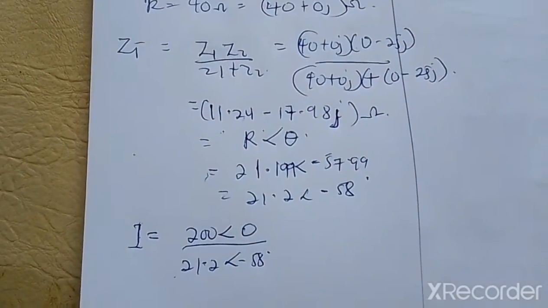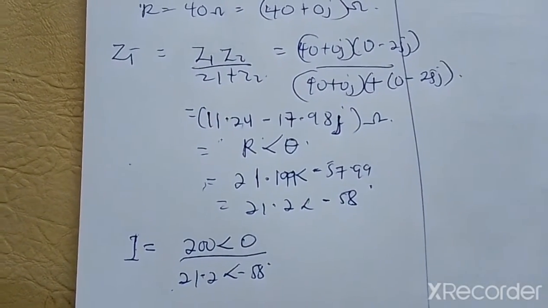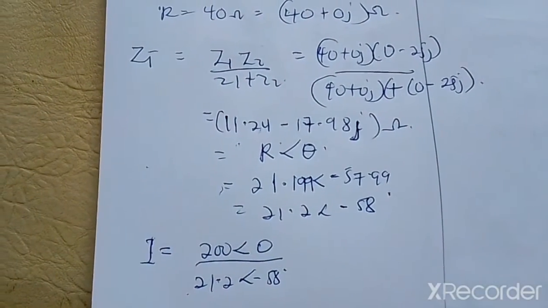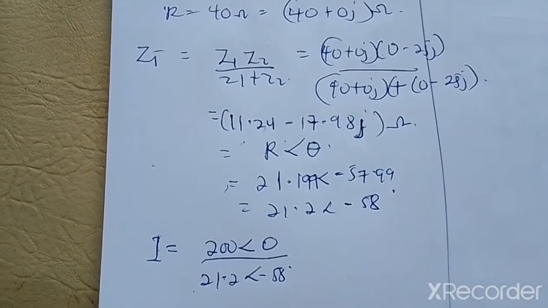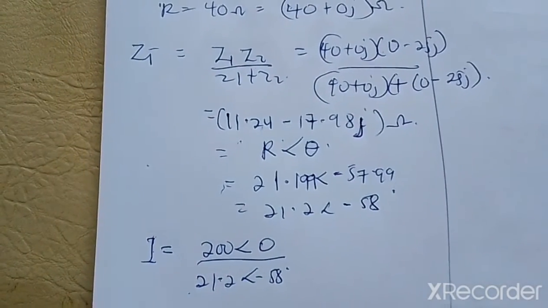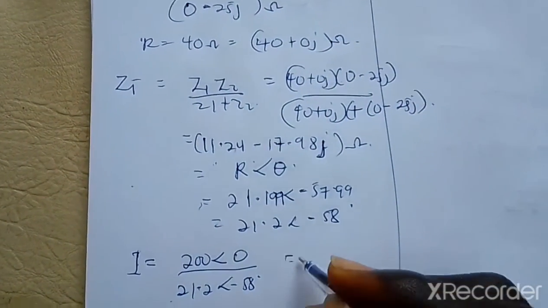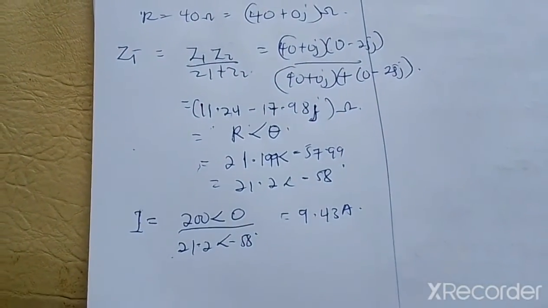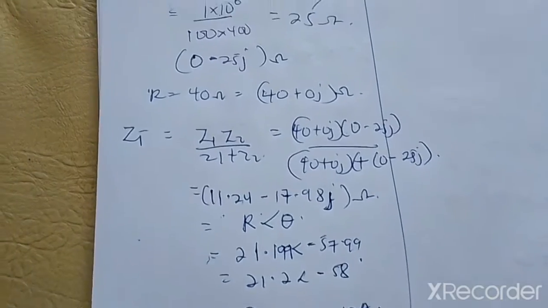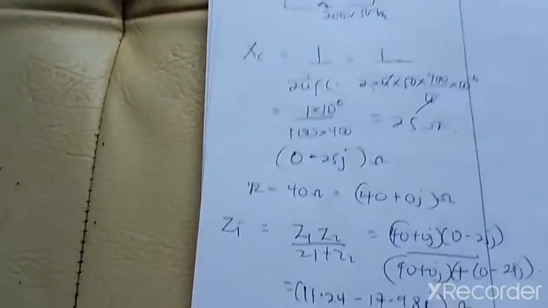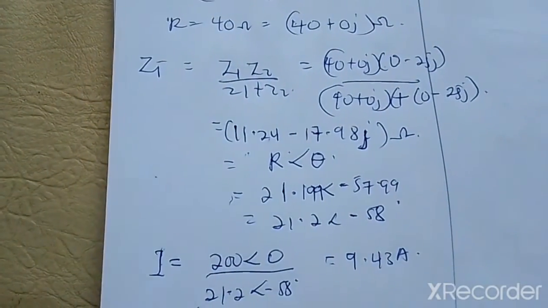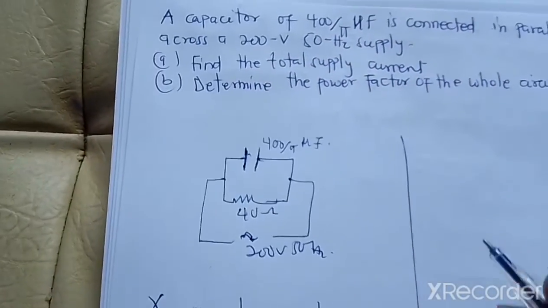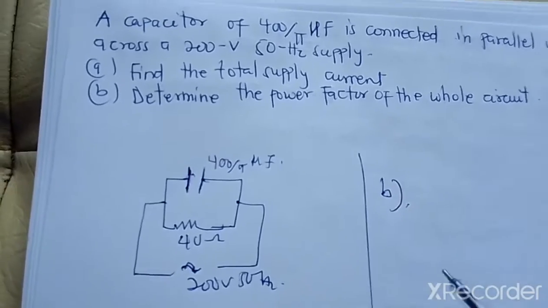You make this simple calculation and you get 200 over 21.2, so you get 9.43 amperes. So this is the total supply current. That is 9.43 amperes.